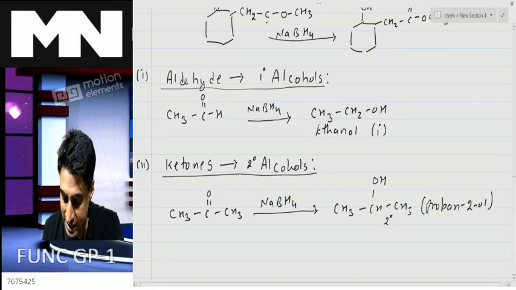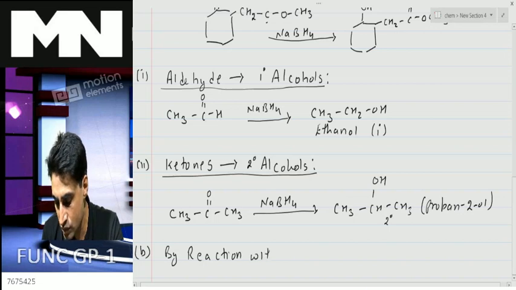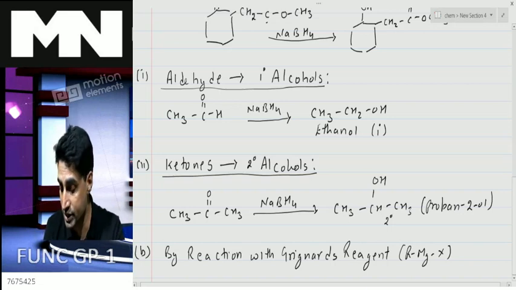So from aldehyde and ketone, the second part I have got is by reaction with Grignard's reagent. You know that very well, that is RMgX, alkyl magnesium halide.